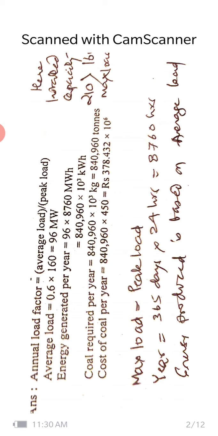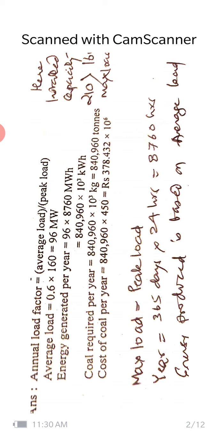So the capacity factor is 0.45. It means the installed capacity is 210, but this plant is working only at 45% capacity all the time for those 8760 hours. Okay, this is the capacity factor.